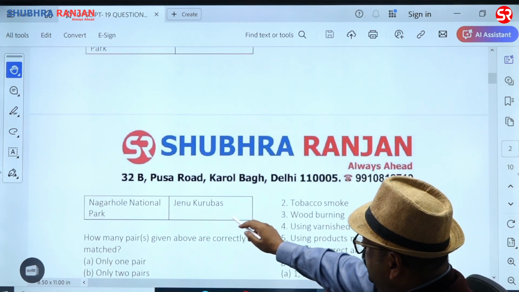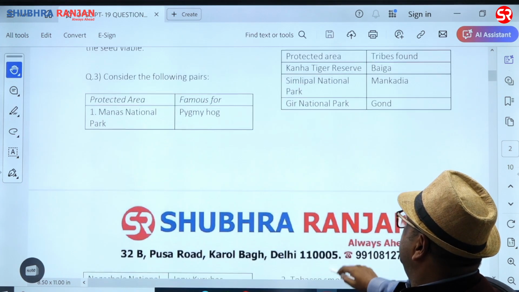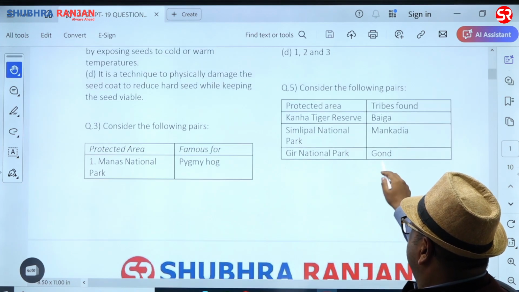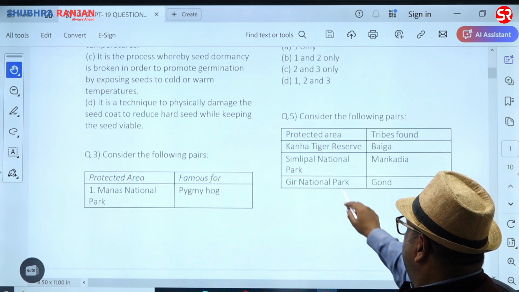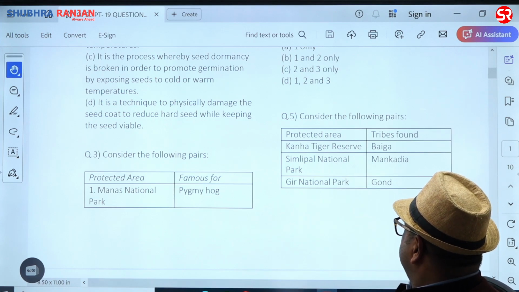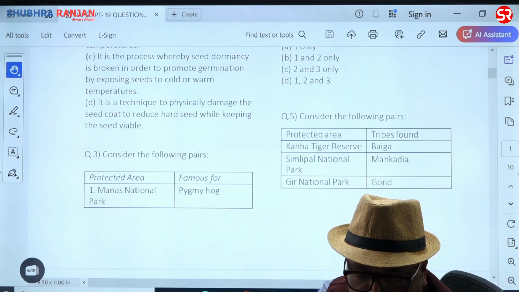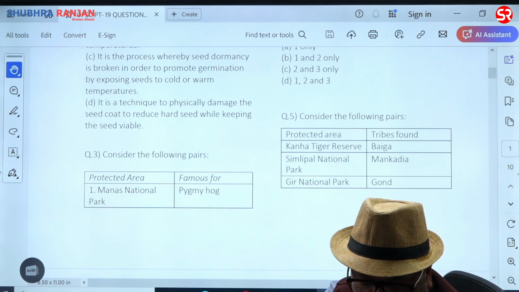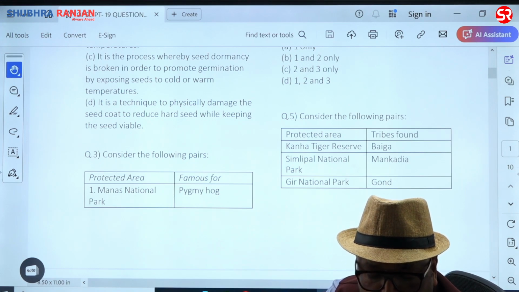Nagarhole, Jenu Kurbas is correctly matched. Then Gir National Park, Gond; and Simlipal National Park, Mankadia tribe is matched over here.